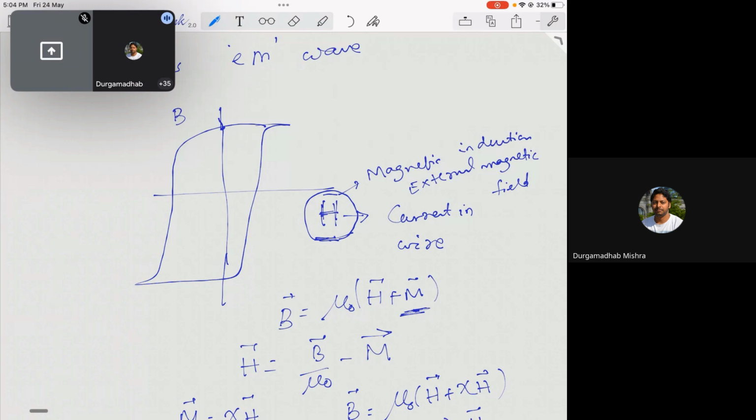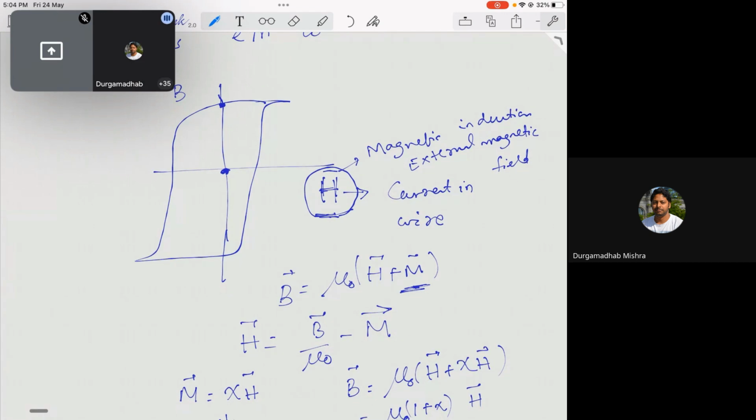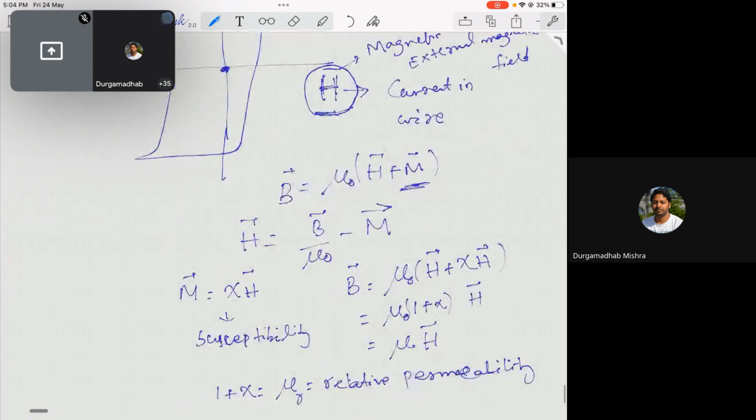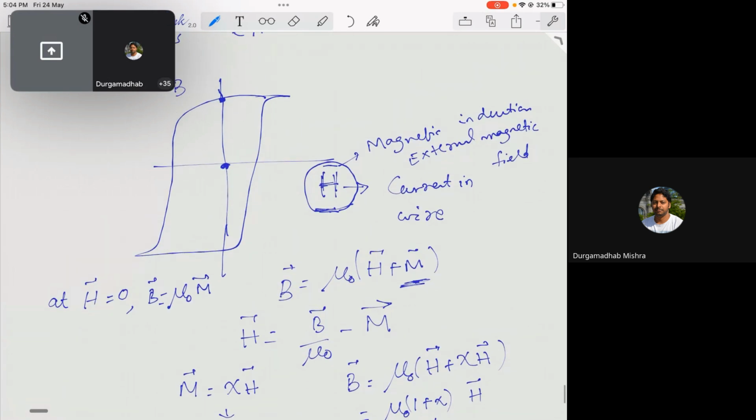So for example, if I have an external field H equal to 0, I still have B, which is non-zero, because at H equal to 0, B is simply equal to mu naught M. That means the magnetic field generated within the material will be equal to how much magnetization it has.